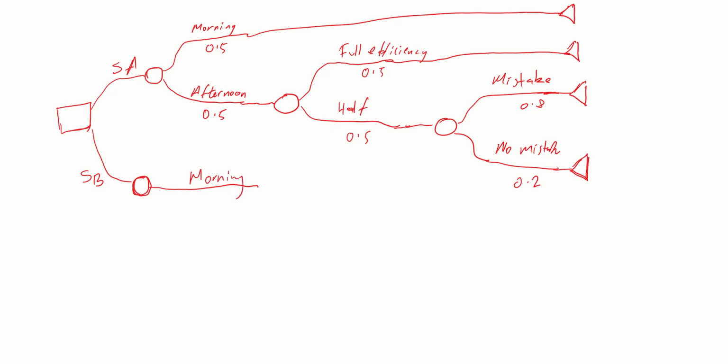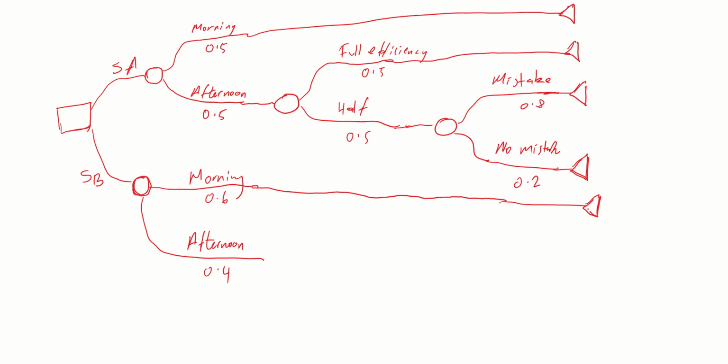Morning, that's 0.6. And then the chance that they would rock up in the afternoon is 0.4. All right, so I have nothing else after this morning branch, so that's why I would have a triangle at the end, just to denote that that's the end of the branch.